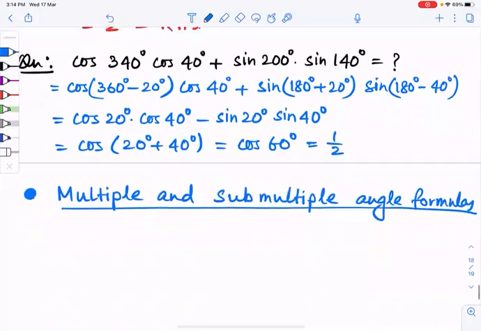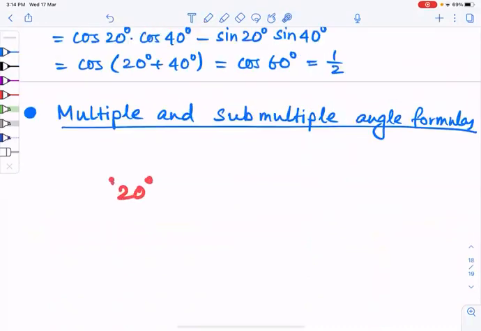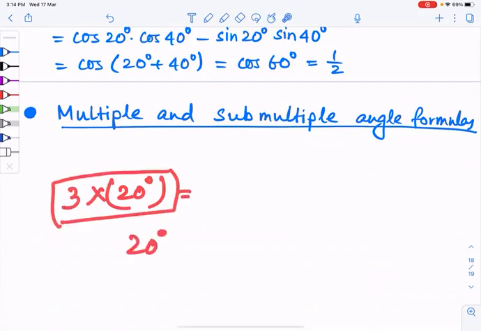Multiple angle means what? If I have a 20-degree, I will multiply 3 with this, and that is a multiple angle. Or I have a 20-degree, I am multiplying 2 with it, that is a multiple angle.